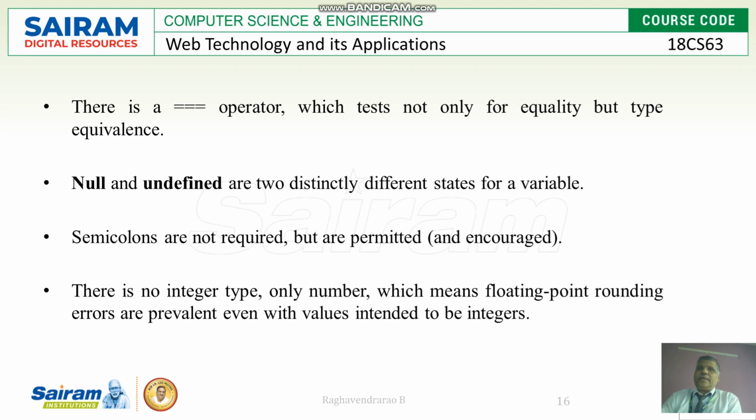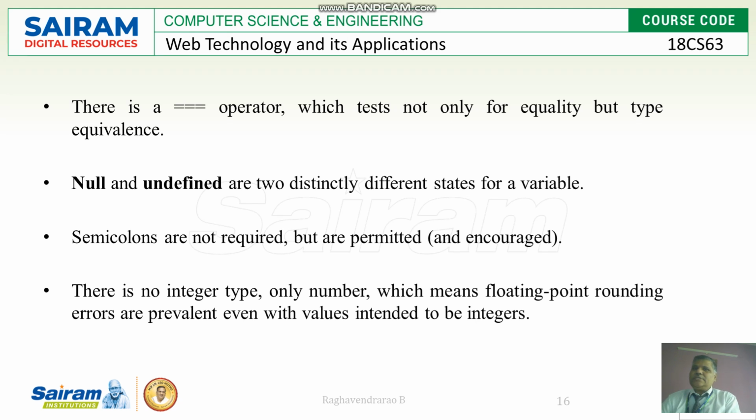Null and undefined are two distinct states of variables. Null means it is 0, undefined means the variable itself is not defined. Semicolons are not required, but they are preferred because we must know where exactly a statement ends. If you do not write them, it is still accepted.